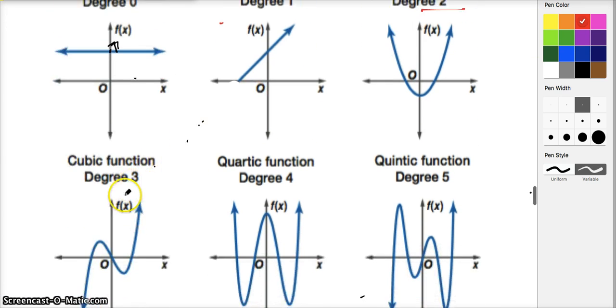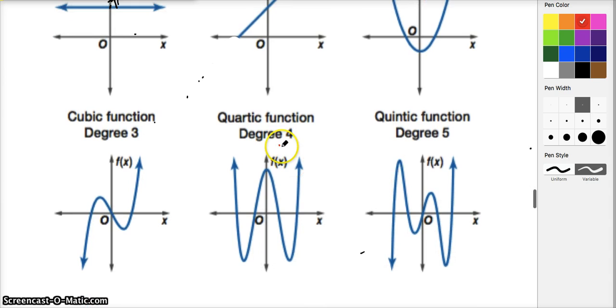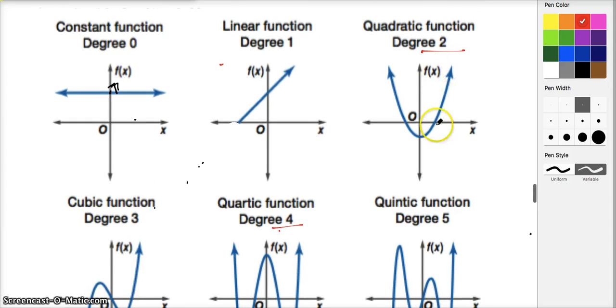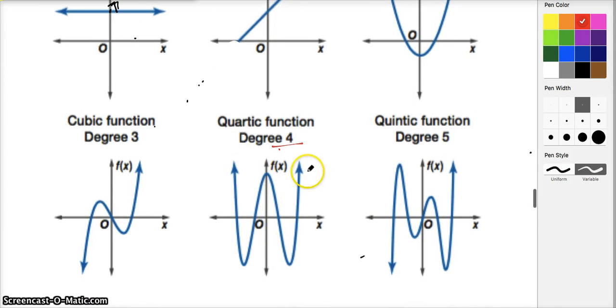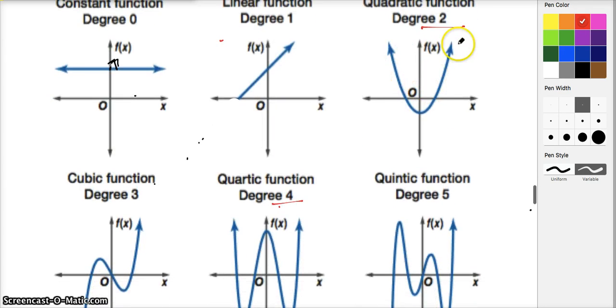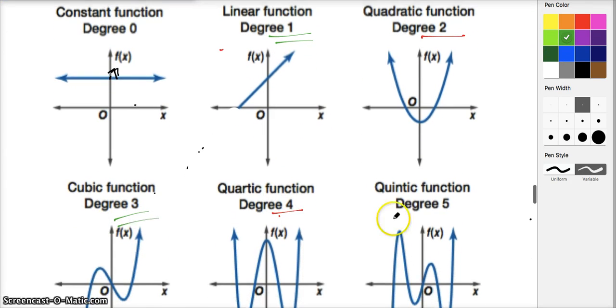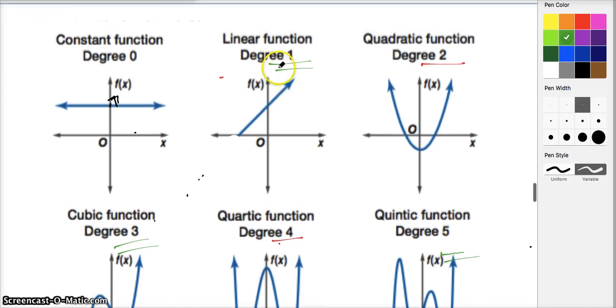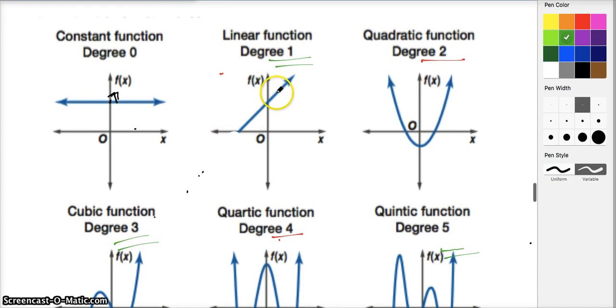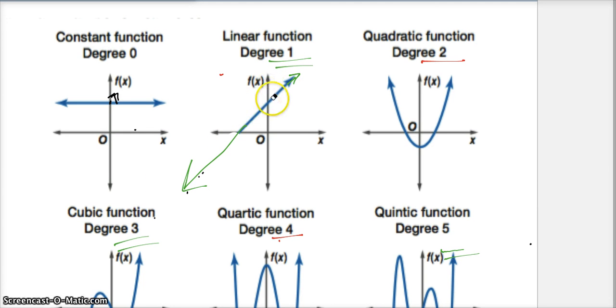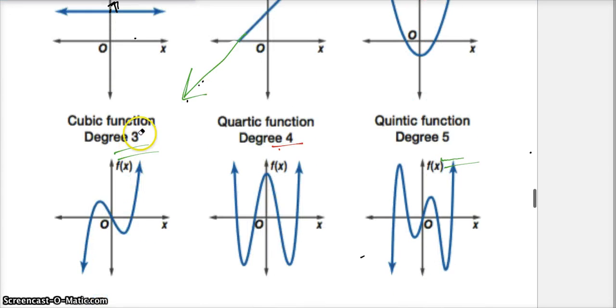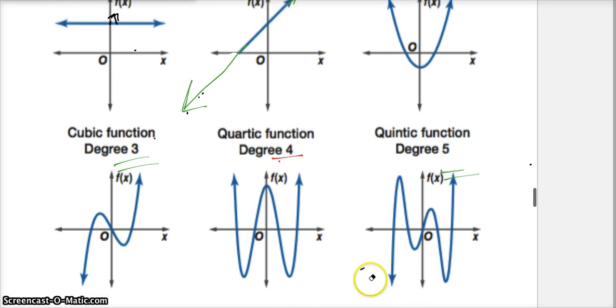When I have an even degree polynomial, you notice that both sides are going to end up in the same direction, right? And when I have an odd degree polynomial, notice that both arms end up in two different directions. Either one is up, one is down.